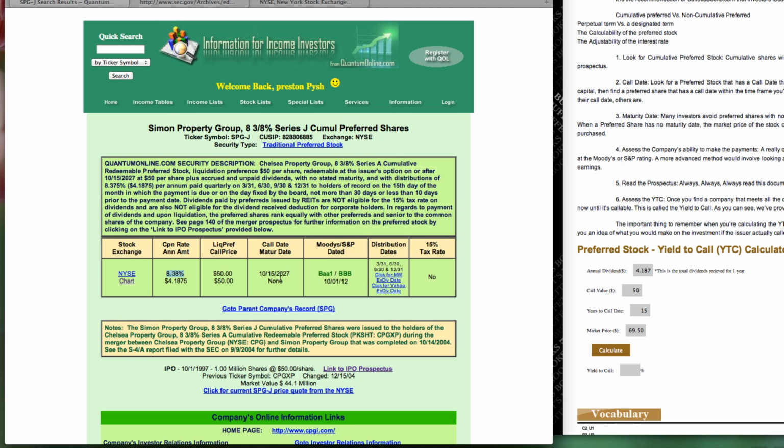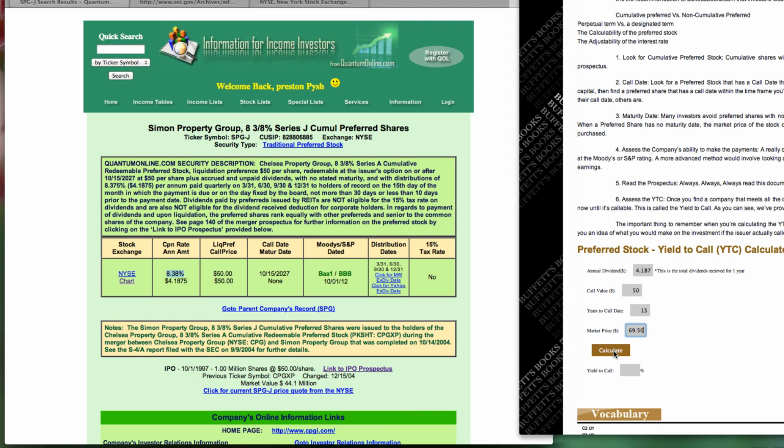But that's not the case here. You're buying this preferred share for $69.50 if you buy it today, and not for $50, so that return, that dividend payment, is going to be different. That's what this calculator is figuring out for you, based on the assumption that this company is going to repurchase these shares at that call date.